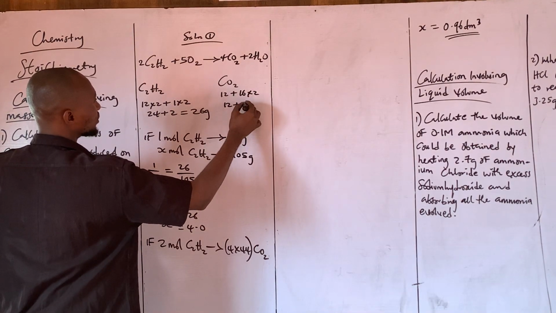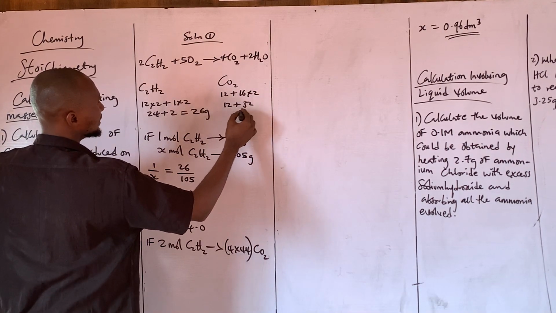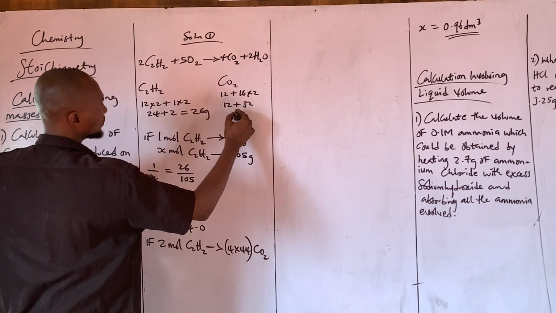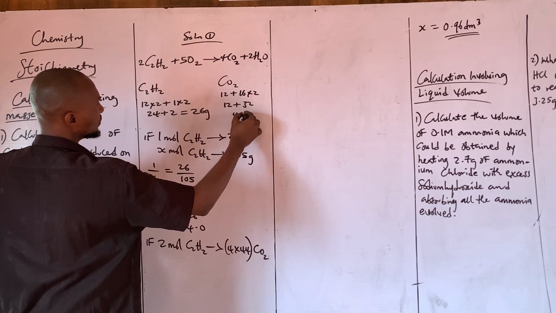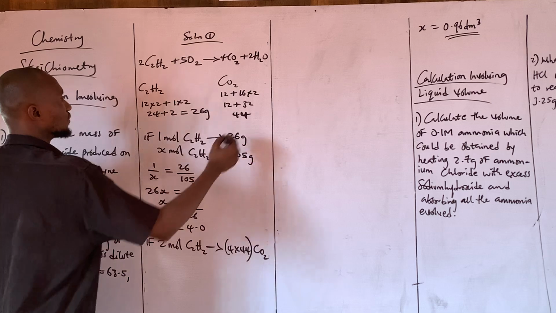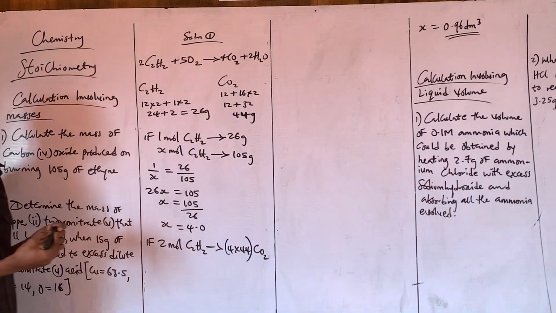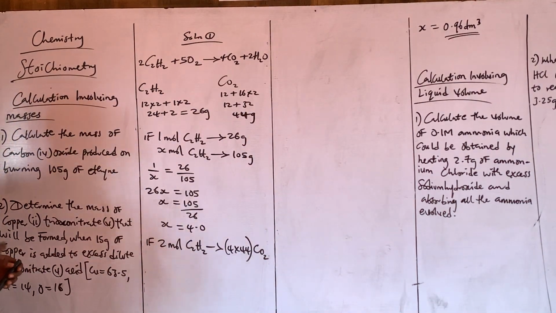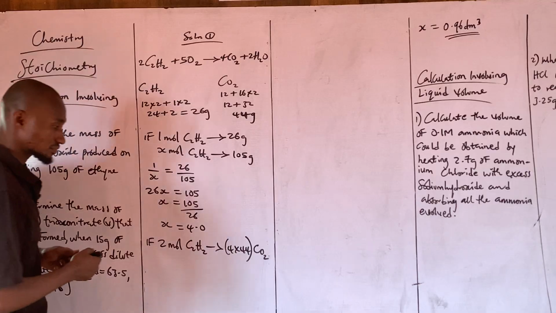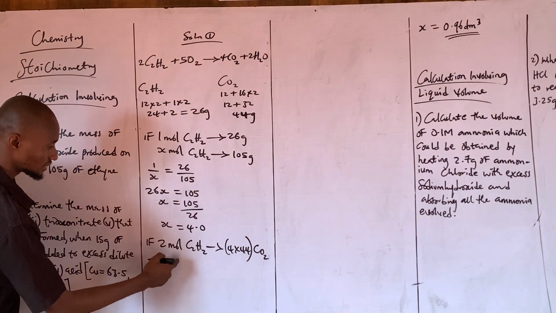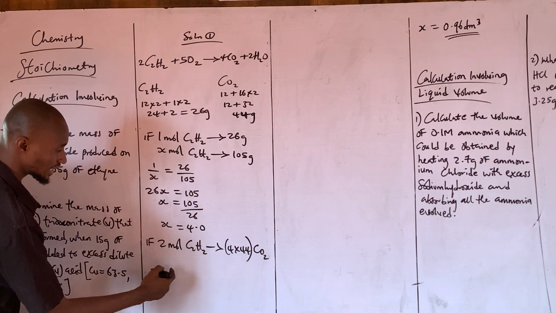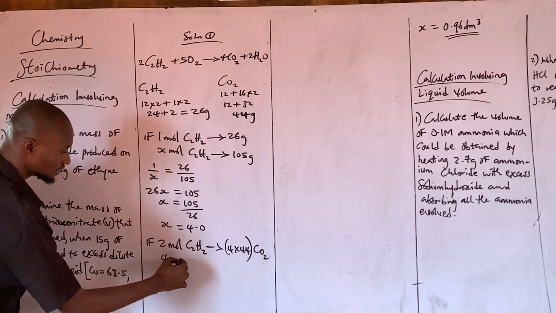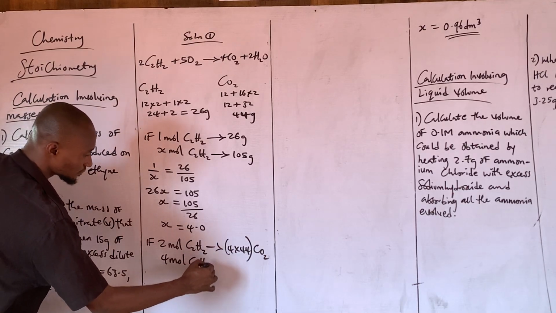This is 12 plus 32, and the answer is what? 44. Yes, 44 gram. Do you understand now? Yes. So now, this is 2 moles of ethyne.